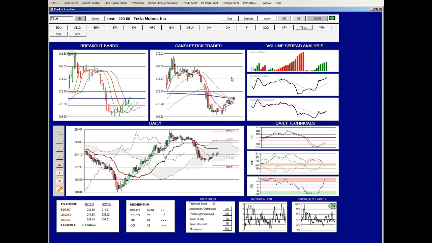We're going to view the 20, 50, and the 200 simple moving average. We can see that Tesla is coming off of a bottom and has bumped smack into the 200 and the 50-day moving average.